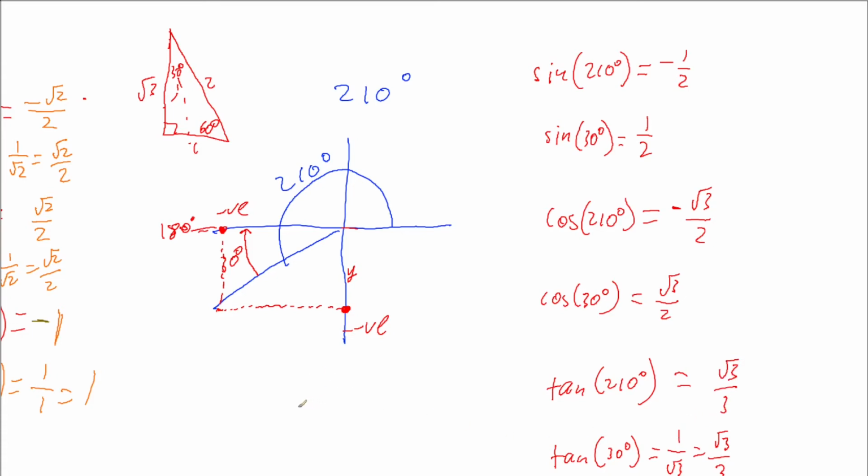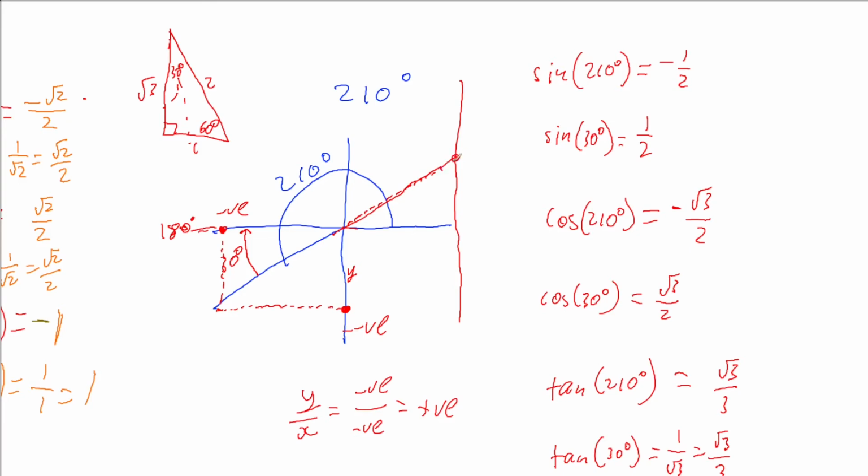If I go back to the definition that tan is y/x, my y value, my sine, was negative. My x value, my cos, was negative. And negative divided by negative is going to be positive. The other way to think about it is take the angle back through the origin, put it onto that vertical line. That's going to be a positive because it's above the vertical axis. So I know this is going to be a positive √3/3.